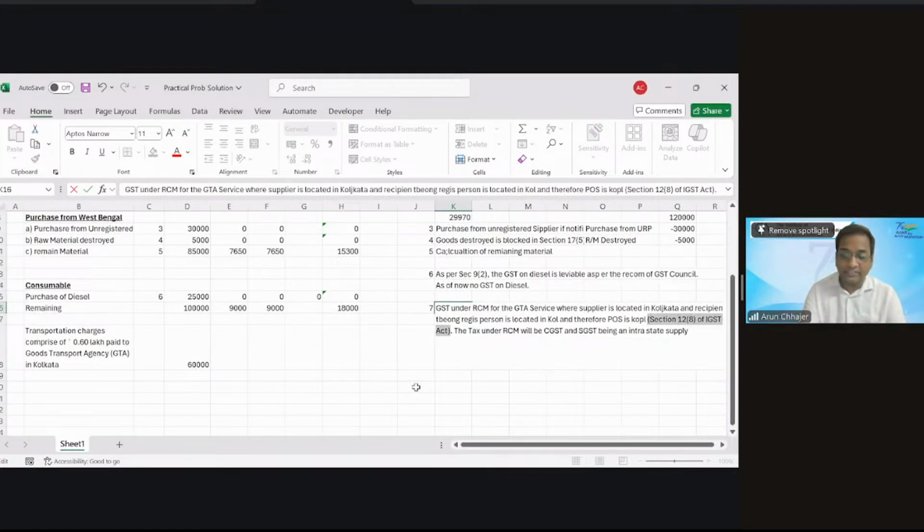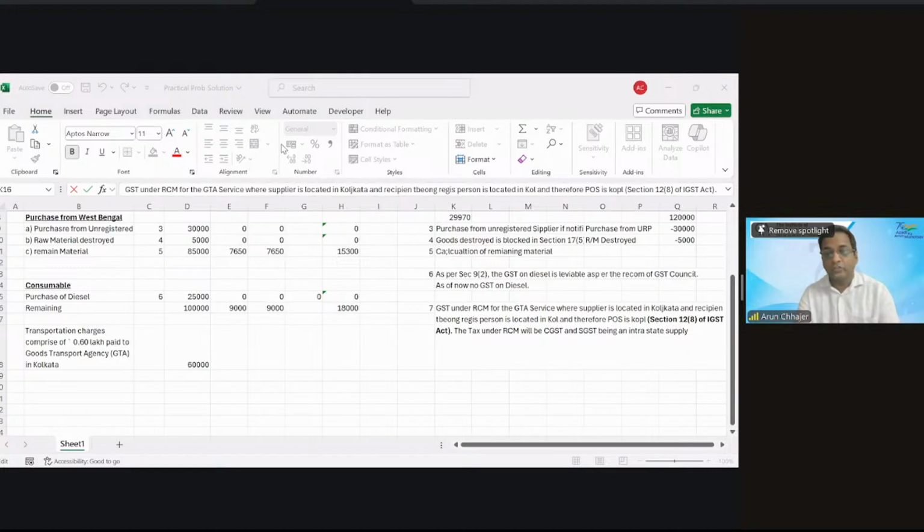Can you please confirm that this provision is correct? Place of supply of transportation of goods is covered in section 12 subsection 8 of IGST. If anybody can confirm. Yes, correct, Nathan, whatever you have stated, yes, correct.